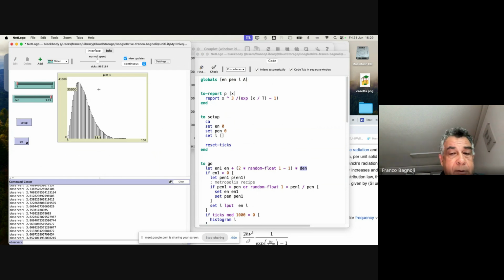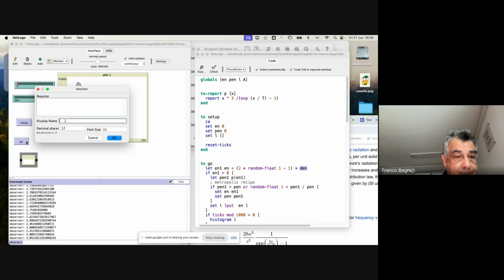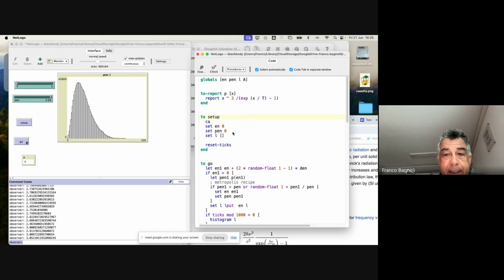Now we want to monitor the acceptance rate, which is A over ticks. And then we set A to 0, and every time we accept the move, set A plus 1.